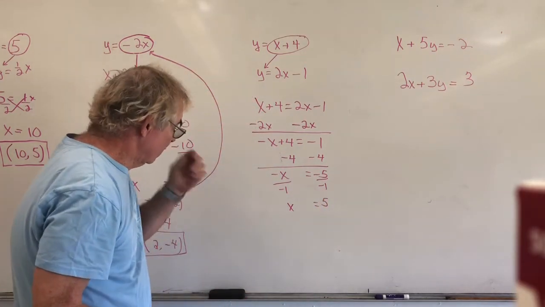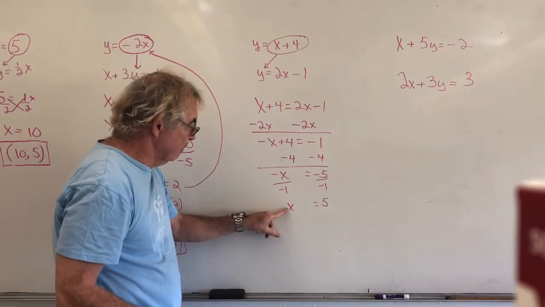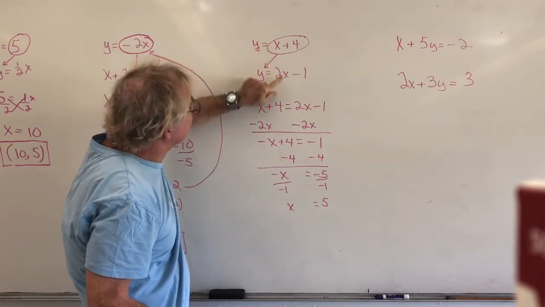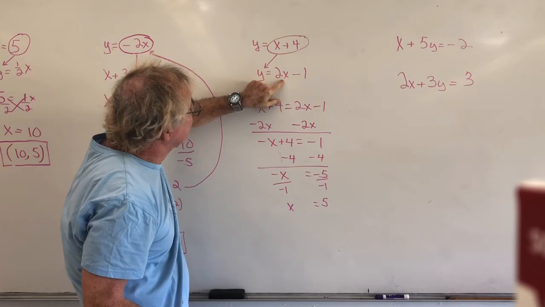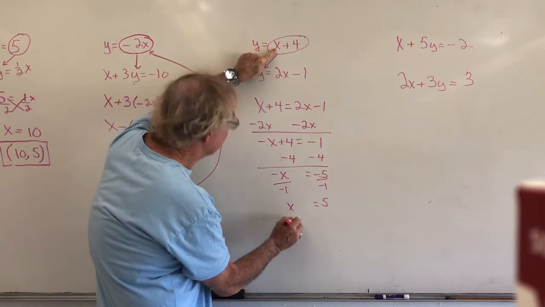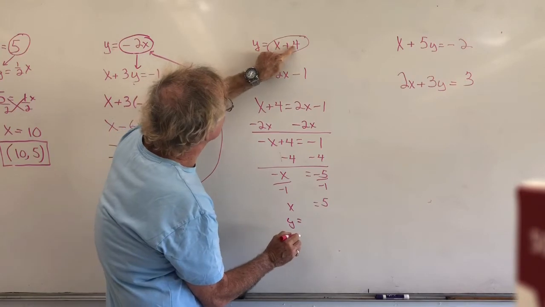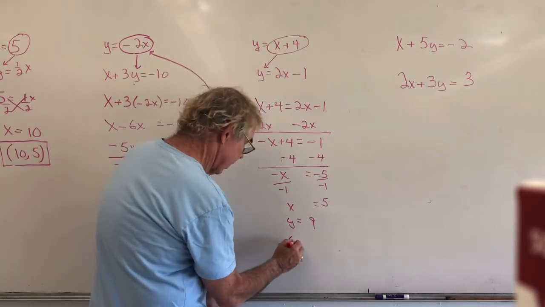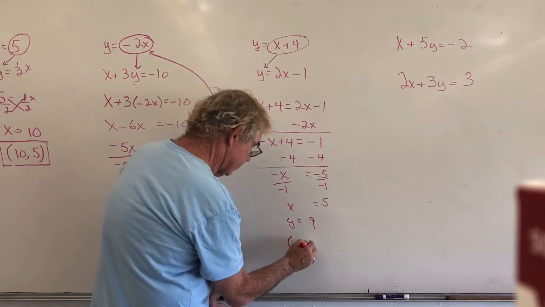Now, where do you want to put this to get y? You could put it here or here. I'm just going to put it in that circle. y is equal to 5 plus 4, which is 9. So I believe the answer is 5, 9.